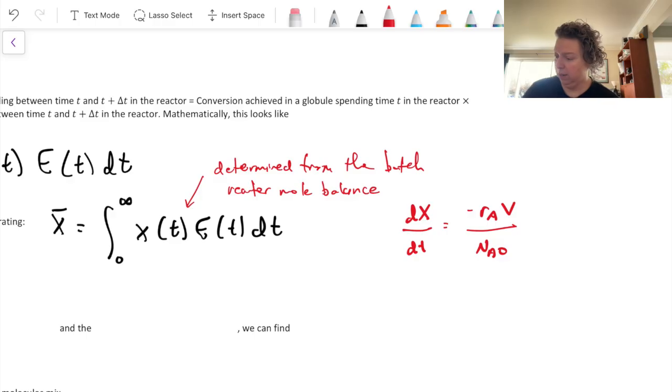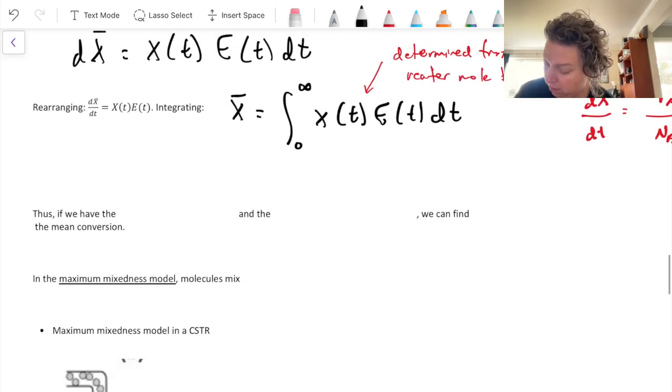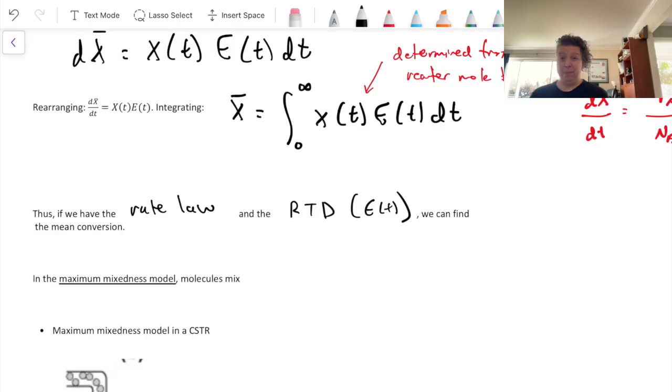So that tells us, if we have the rate law, and also the residence time distribution, E of t, which for a real reactor we probably have tabulated data, we can find the mean conversion. Okay, so that is the segregation model.